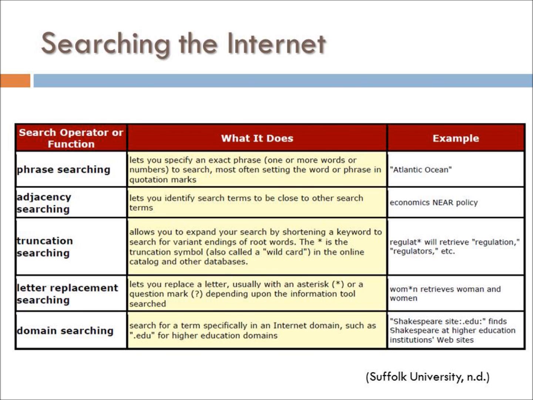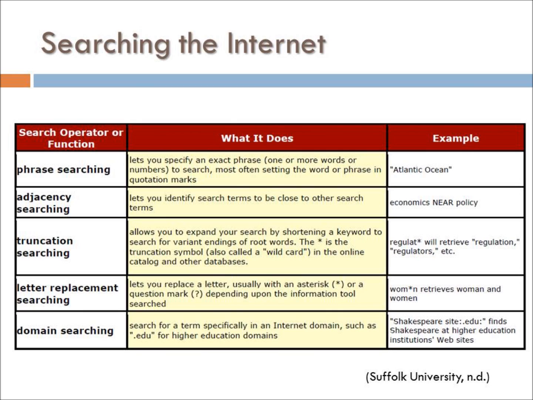The way that you use a domain search is, in this example, they want to get the word Shakespeare, but they only want to pull education websites, and education institutions use the domain .edu. When you're typing this phrase, you have to be sure that you type it a certain way.